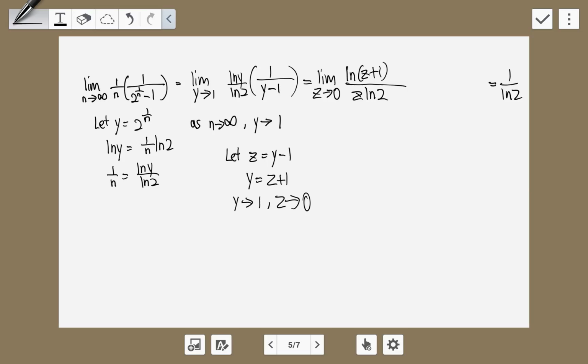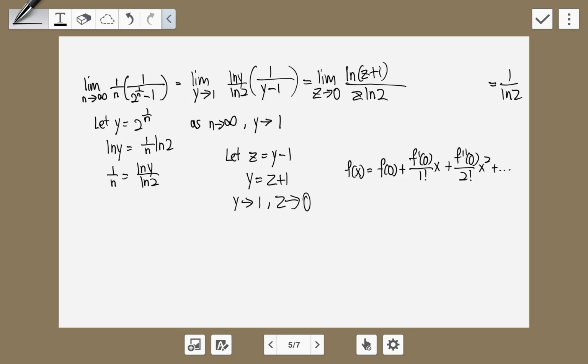Because you can use the standard series, if you're talking about A level, you have the MF15 formula sheet. You can use the standard series expansion for this. If not, you do Maclaurin series expansion. The formula is f(0) plus f prime(0) over 1 factorial times z, plus f double prime(0) over 2 factorial times z squared, and so on.